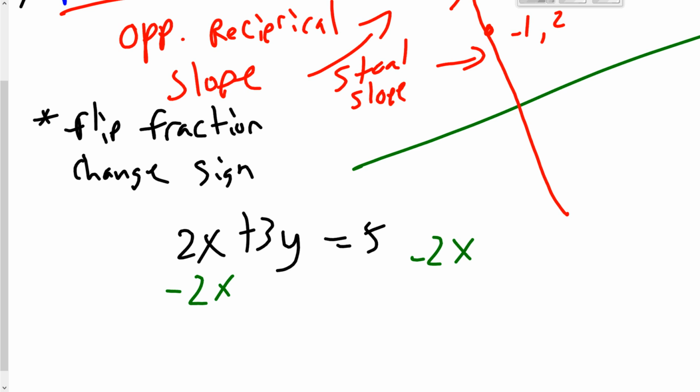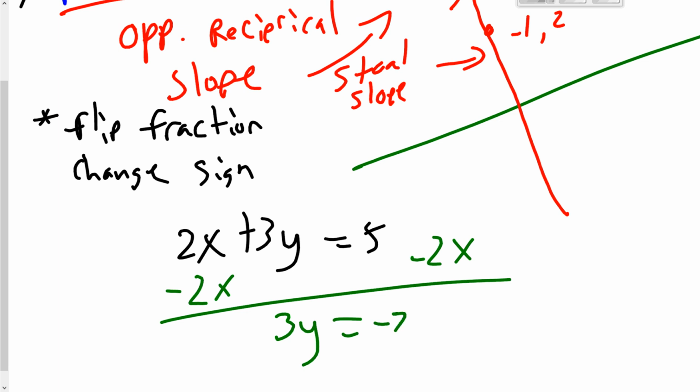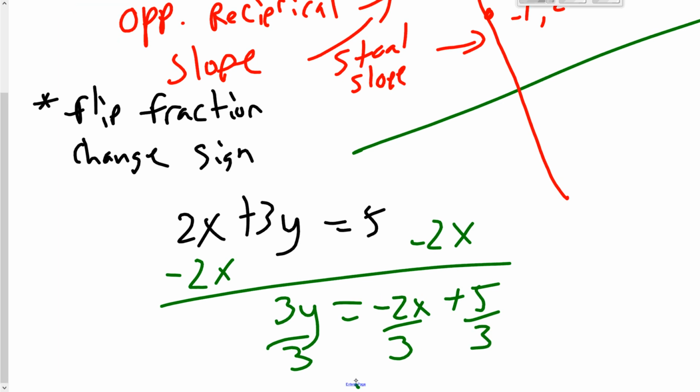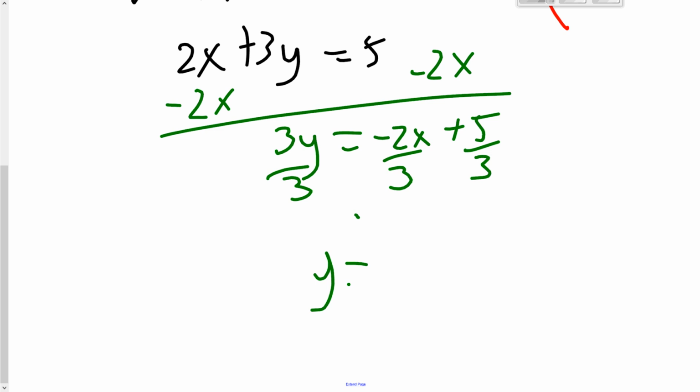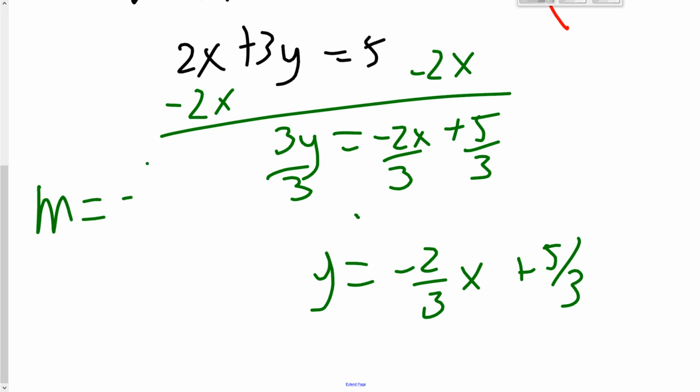Really, I don't care about that 5, but for all purposes of practicing, go ahead and leave that in there. Divide everything by 3, including the 5, even though we really don't care about it, because all we care about is the coefficient in front of the x, negative 2/3. So that is our slope. So our m equals negative 2/3.